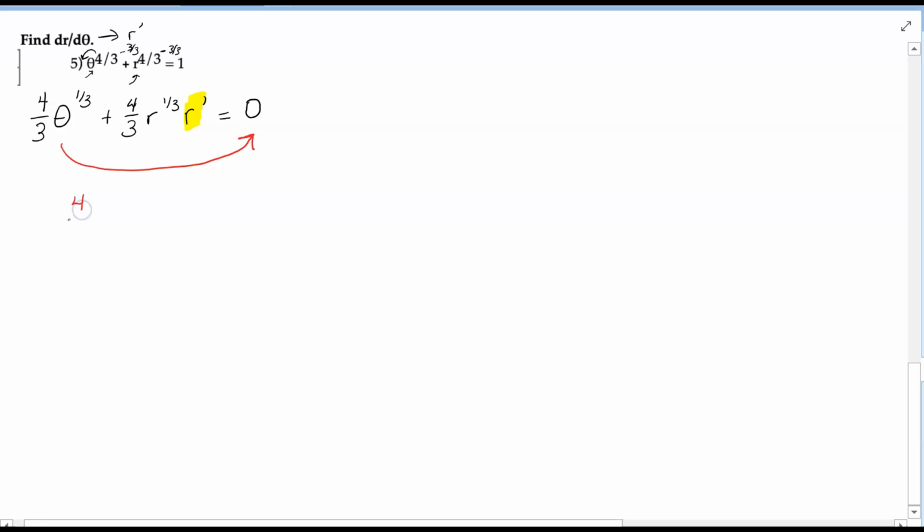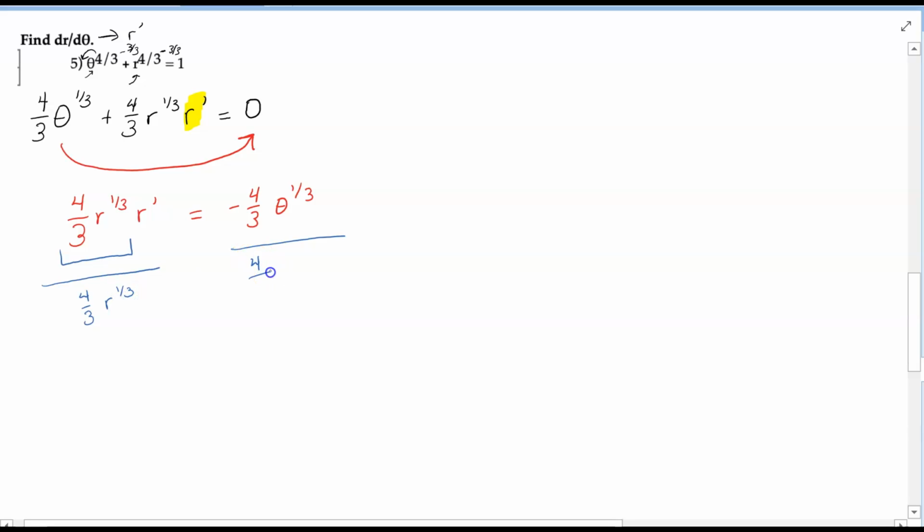I'm going to have 4/3 r to the 1/3 r prime equal to a negative 4/3 theta to the 1/3, and then you should start noticing that you're trying to isolate r prime, so you need to move this out of the way. So what we're going to do is divide both sides by 4/3 r to the 1/3.